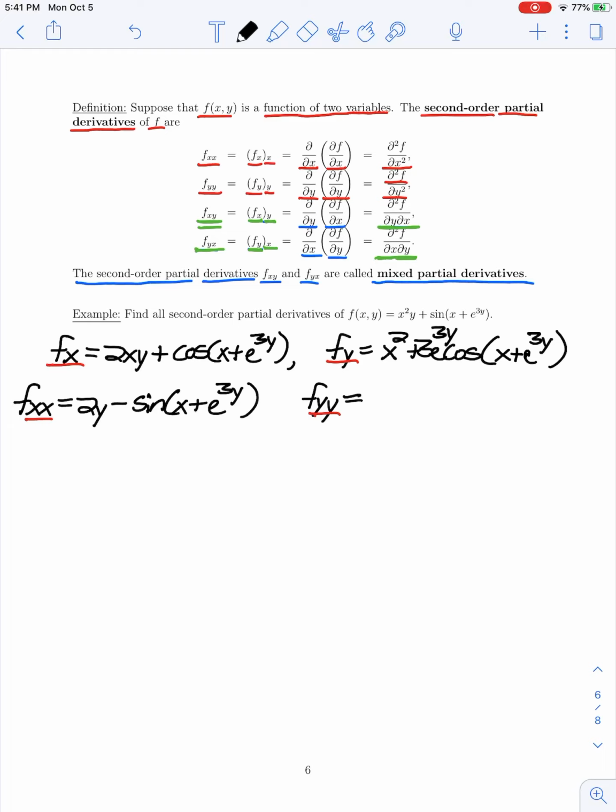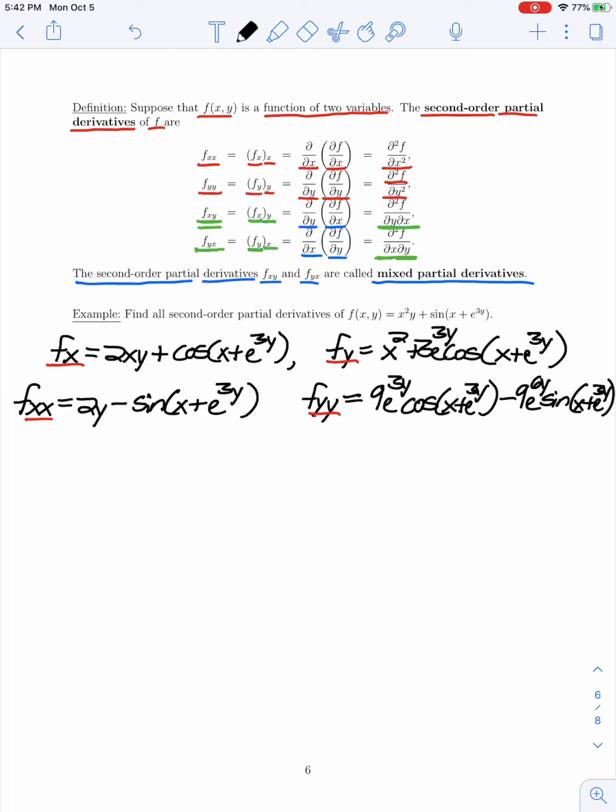And then using the product and chain rules, we would have 9e to the 3y times cosine of x plus e to the 3y, minus a 9e to the 6y sine of x plus e to the 3y.